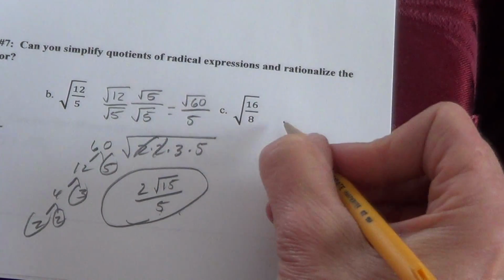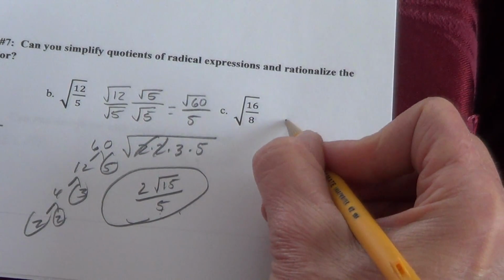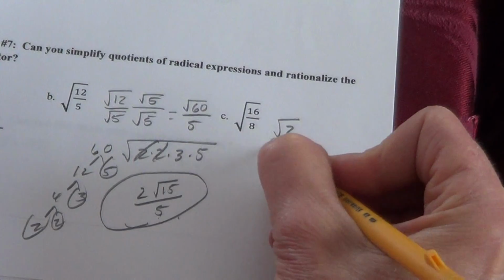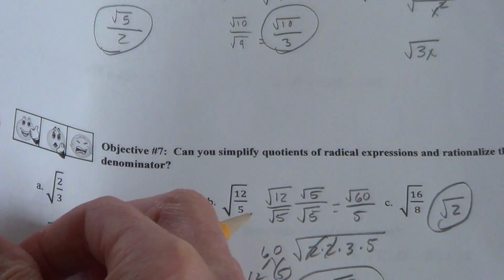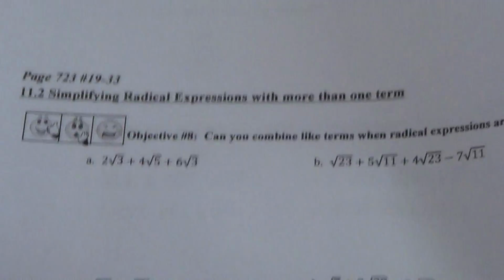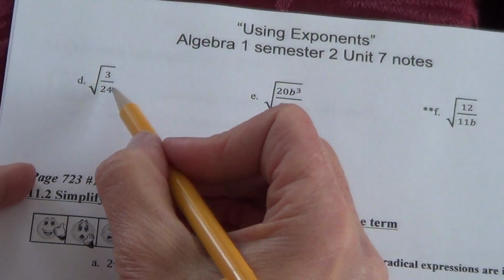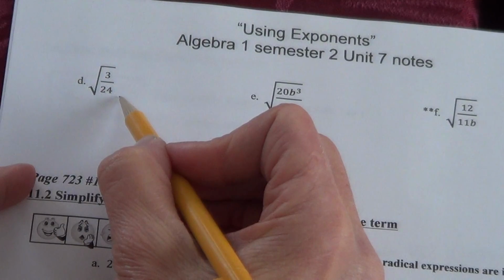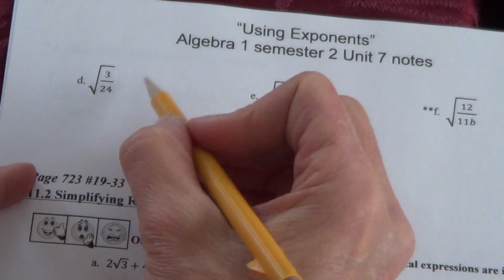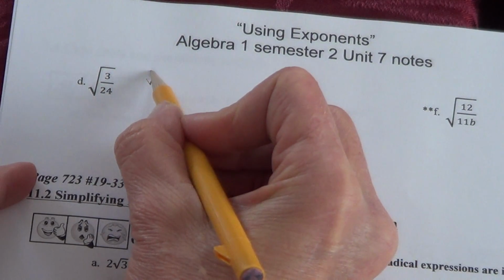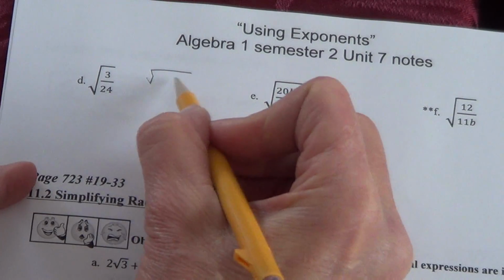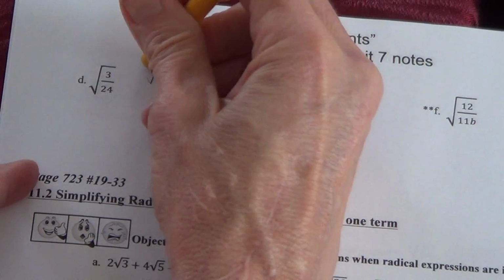On this one, I would take the 8 into 16 and just get radical 2 as my final answer. Radical 3 over radical 24. I would reduce that. 3 will go into both.